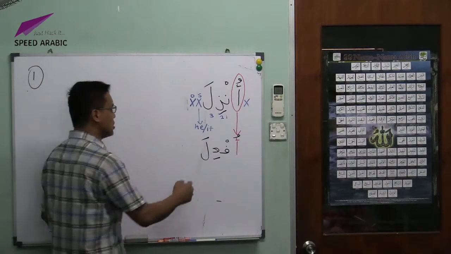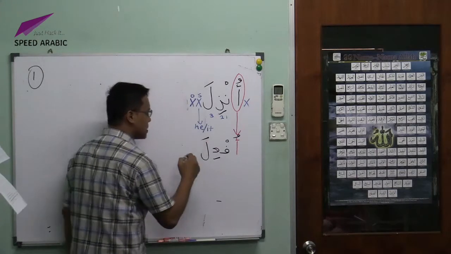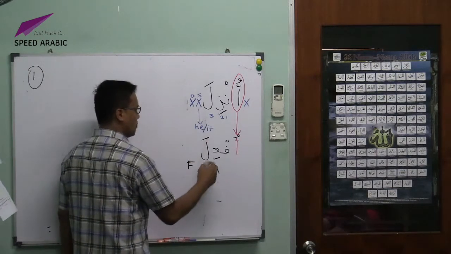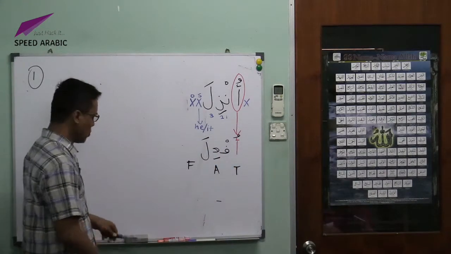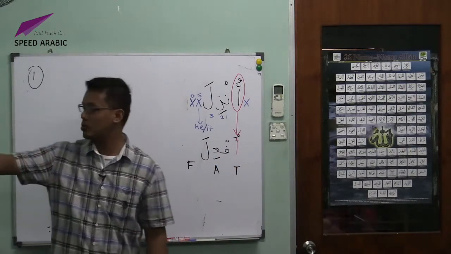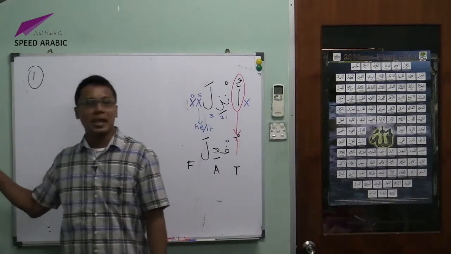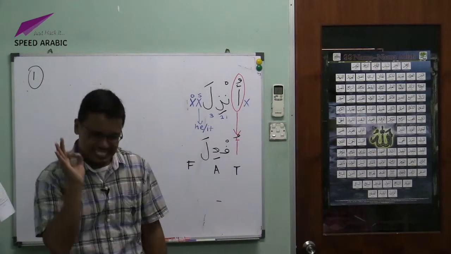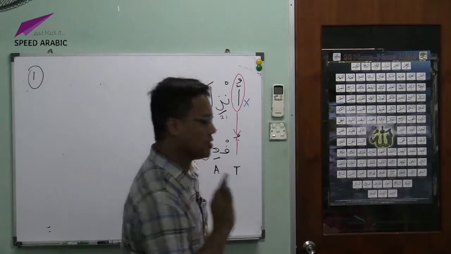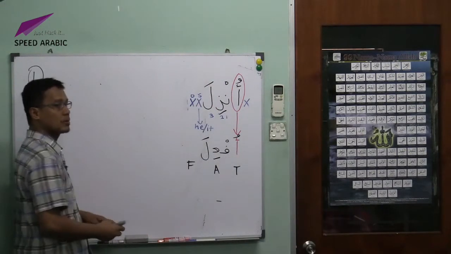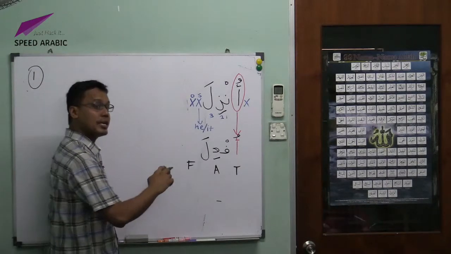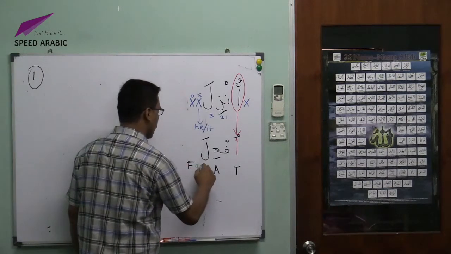You need to find the form, active or passive, and the tense. So you go to form hacker and find the exact ila. It is 4.4.